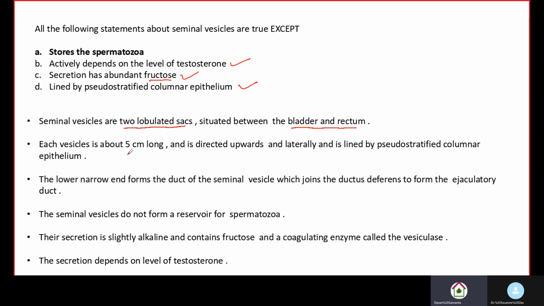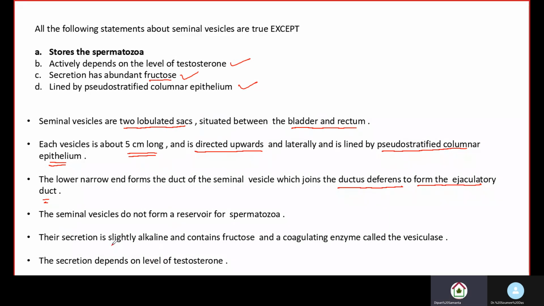Each vesicle is about 5 cm long, directed upwards laterally, and is lined by pseudostratified columnar epithelium. The lower narrow end forms the duct of the seminal vesicle that joins the ductus deferens to form the ejaculatory duct. The seminal vesicles do not form a reservoir for spermatozoa.